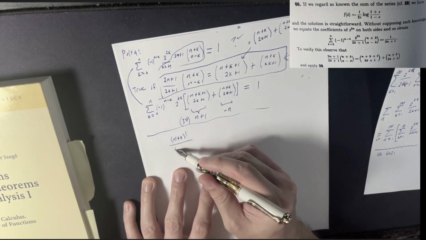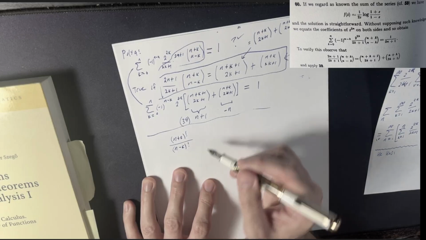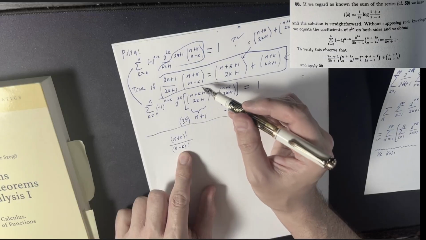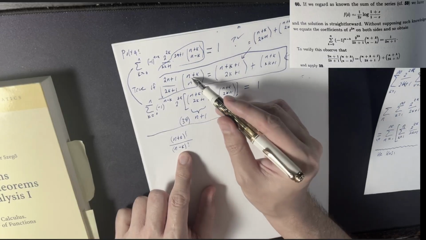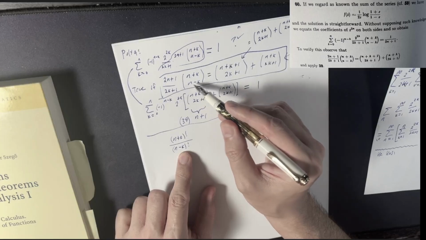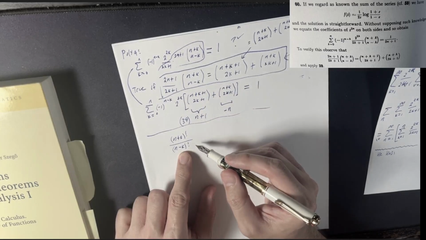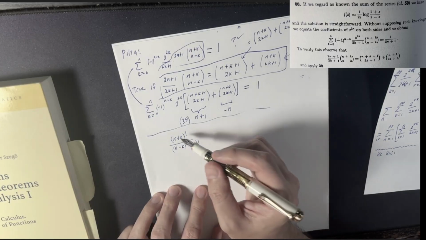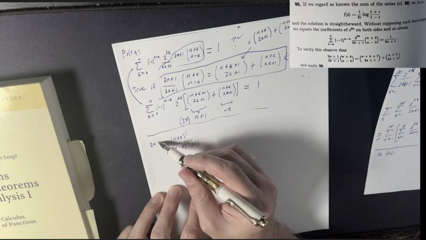So downstairs you'd get, and then this minus that looks like 2k, right? n plus k minus n minus k. It's 2k, right? And then I have this jazz out front.